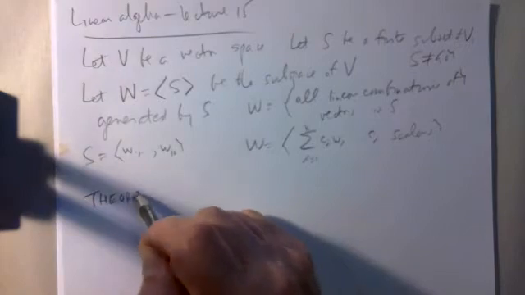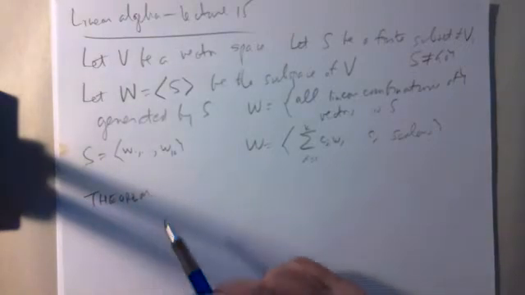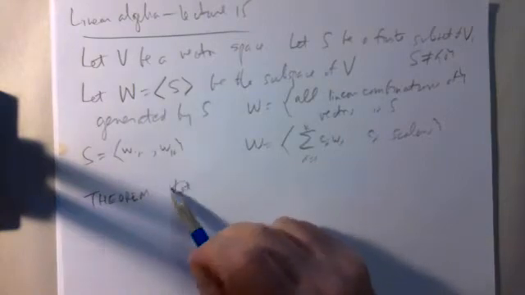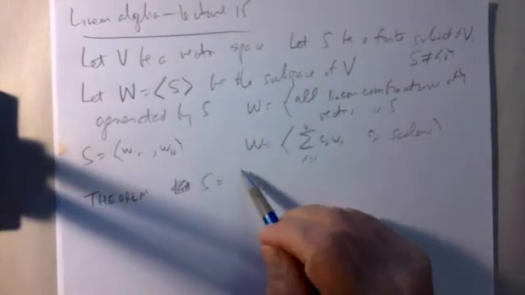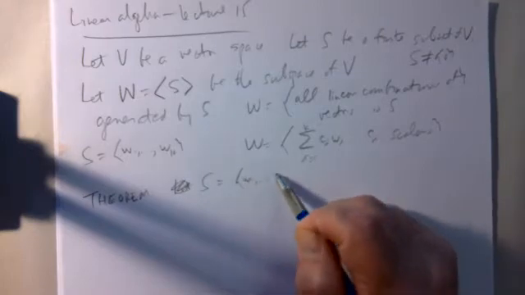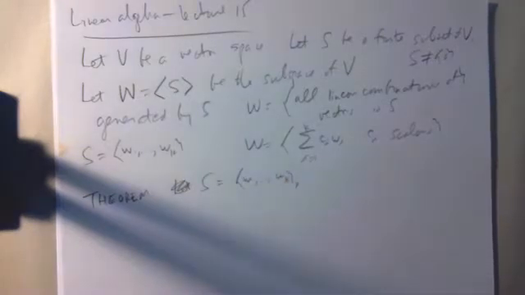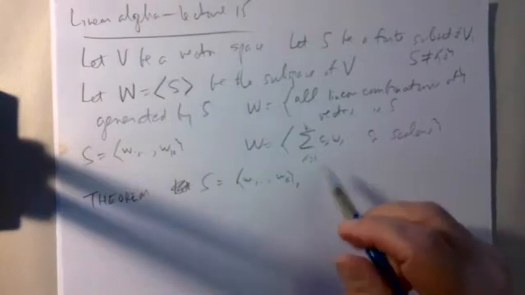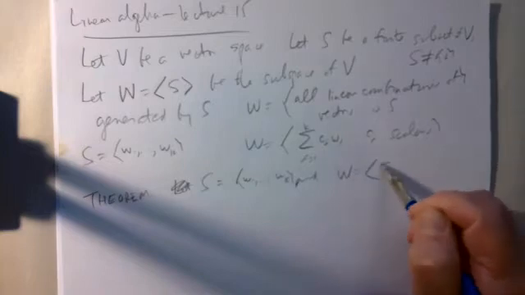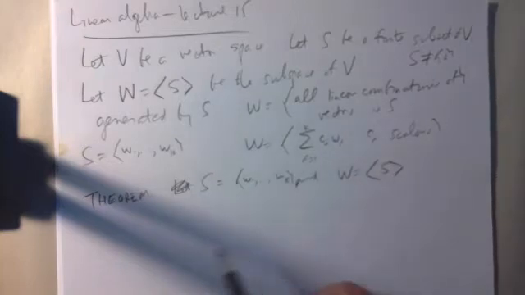And we proved the following theorem already twice. So we have S is this finite set of vectors, and not just the zero vector. And W is the subspace that S generates.